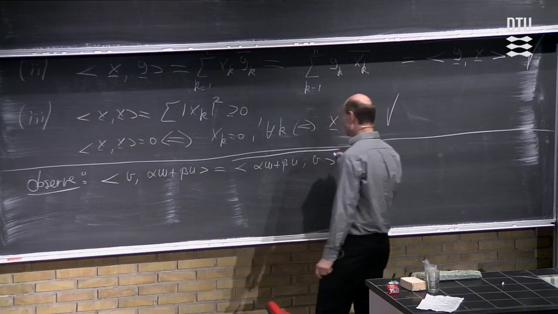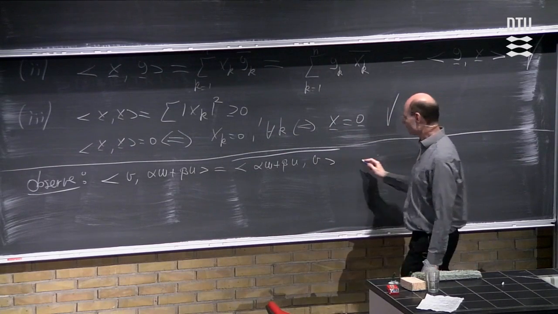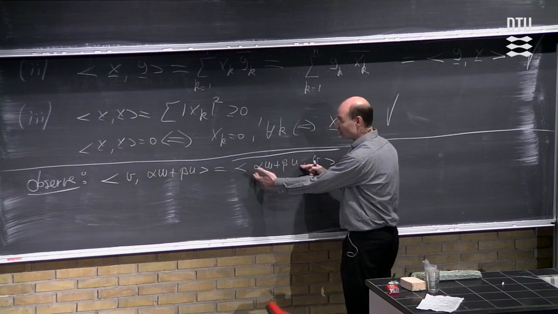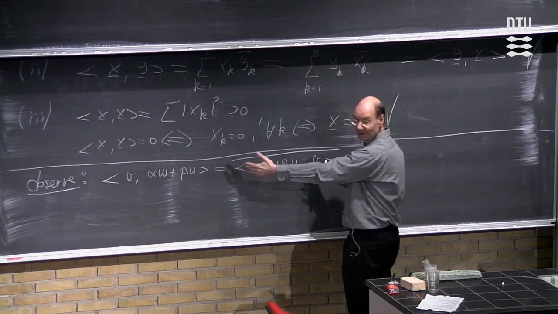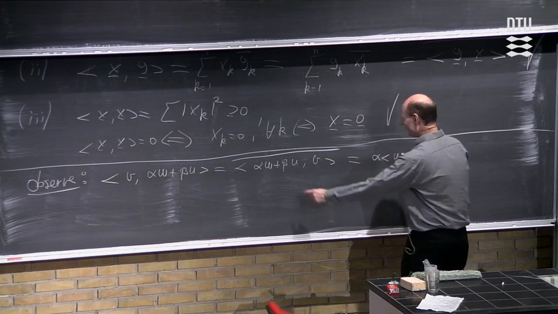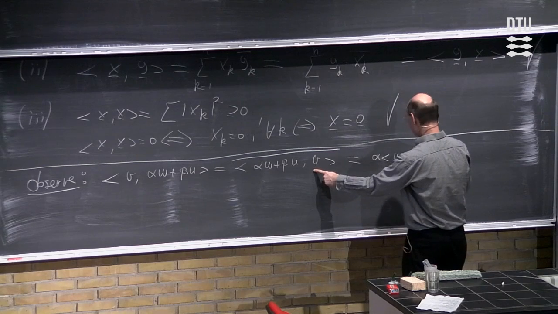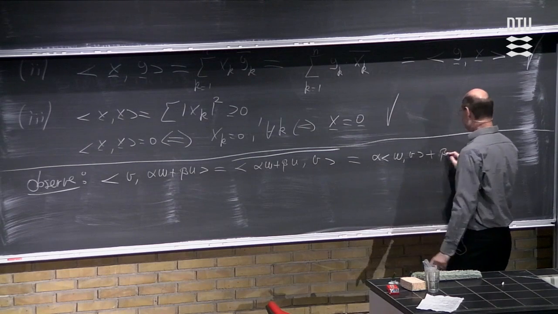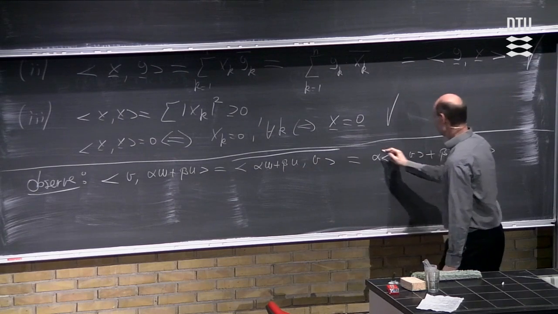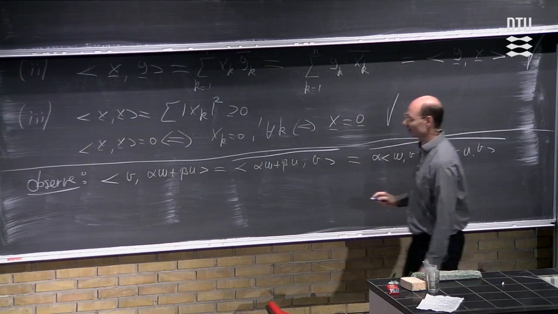And then the price to pay is that you have a complex conjugation on this. Now the idea is that when the linear combination is in the first entrance, we can use the first rule to split it by linearity. So this is the same as alpha, and then we have W with V plus beta, and then we have U with V, and then we have a complex conjugation on everything here.